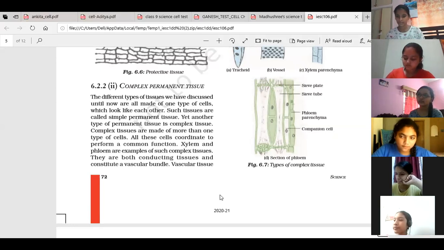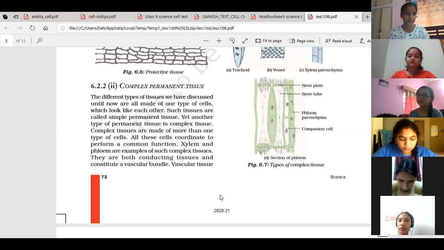But in complex permanent tissues, although all of them complete one simple task, everyone's function is different. The structures are different from each other, as well as their functions, but all together they combine and perform one particular function.